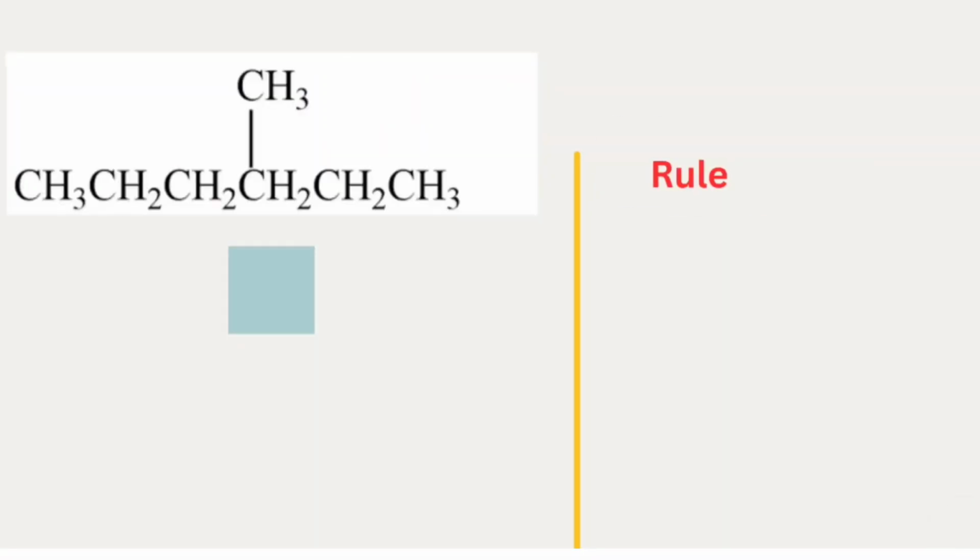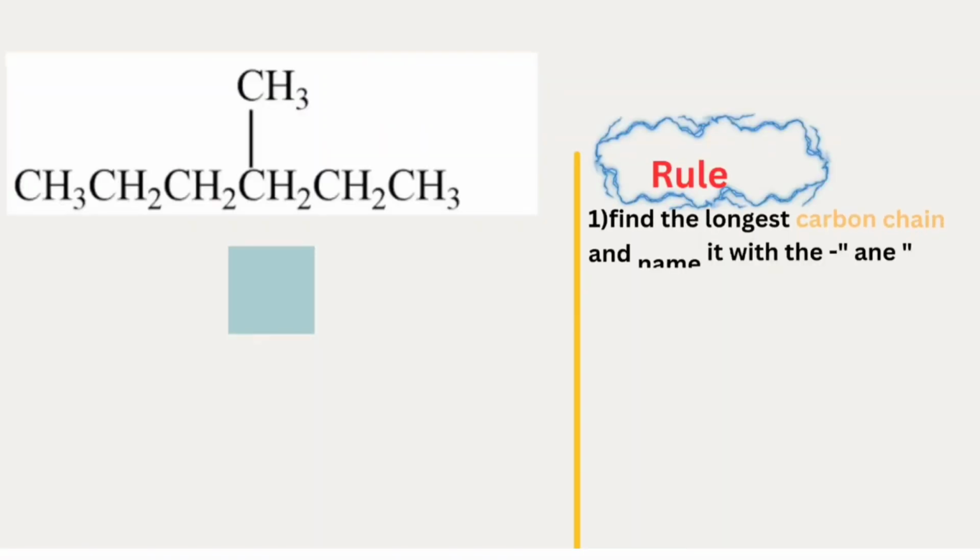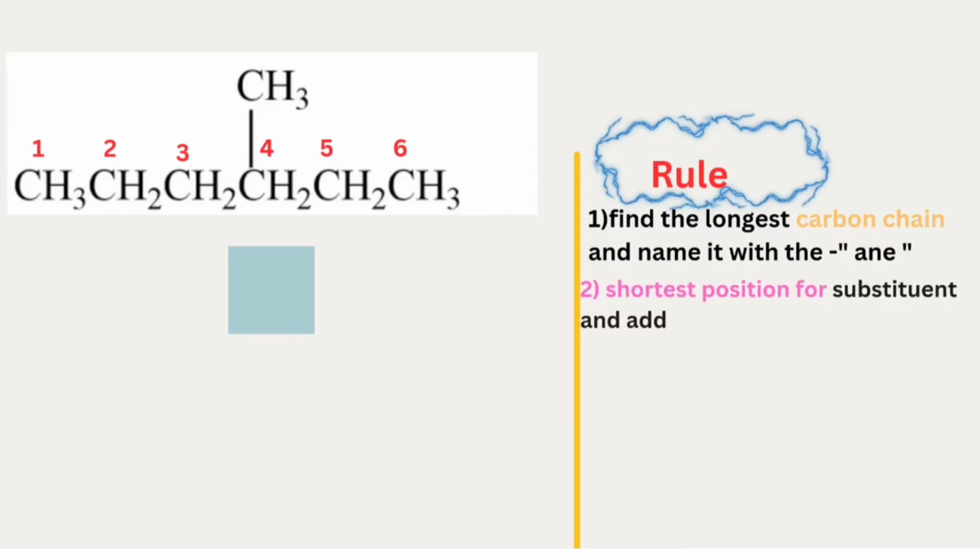Second example. According to the rule, first of all you have to identify the longest hydrocarbon. So the longest hydrocarbon contains 6 carbon atoms. Then according to the second rule, we have to provide the shortest position for the substituent. So to find this shortest position, we are numbering from left to right.